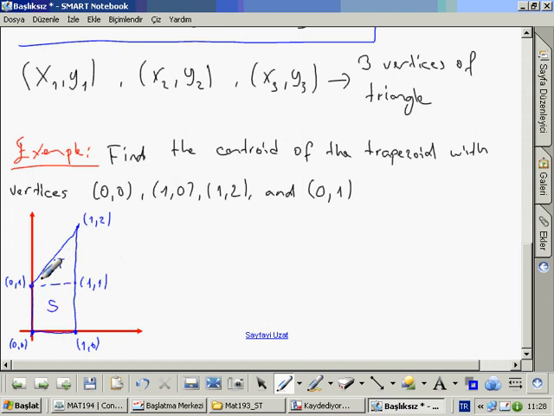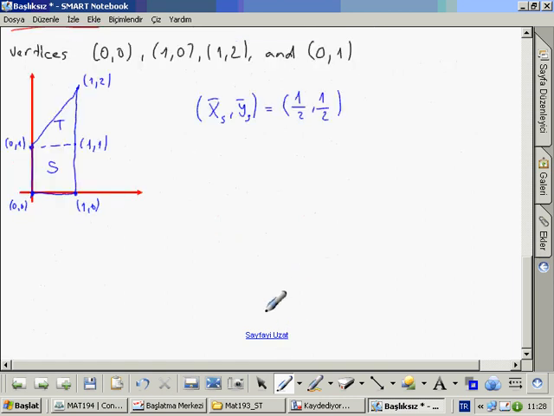S is a square and T is a triangle. The trapezoid is the union of the square and the triangle, and both of these shapes are not overlapping each other. By symmetry the square has centroid (x_S, y_S), which will be (1/2, 1/2), obviously.